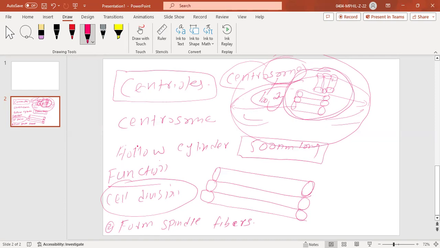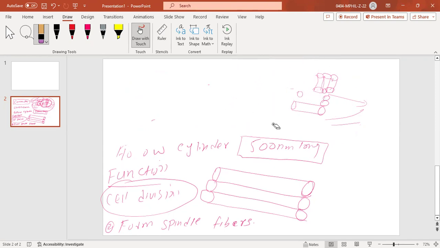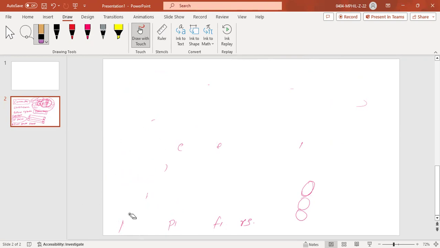Okay. So now let's move on to the next point, that is cell wall. So what do you know about this cell wall? What's the previous knowledge about this cell wall? Sir, where it is present. Cell wall is present at the outermost. It is the outermost layer of the cell, before the cell membrane.